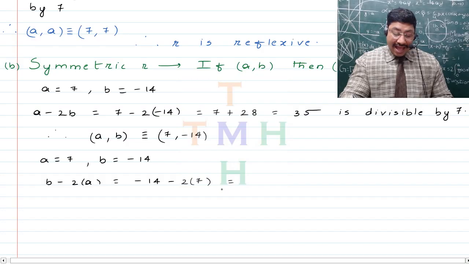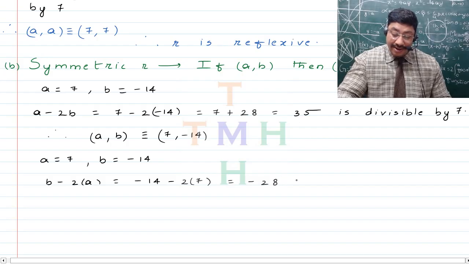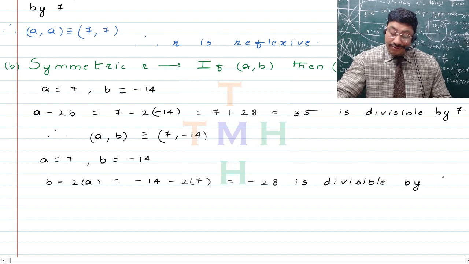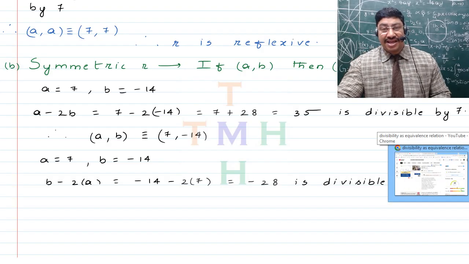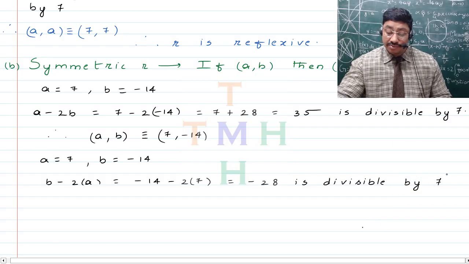And as such here we will get minus 14 and minus 14, and that is then going to become equal to minus 28. And you know that this is divisible by 7. Although it is negative, on cancelling you will get a negative integer, that is minus 4, but even then you can say that it is divisible by 7.